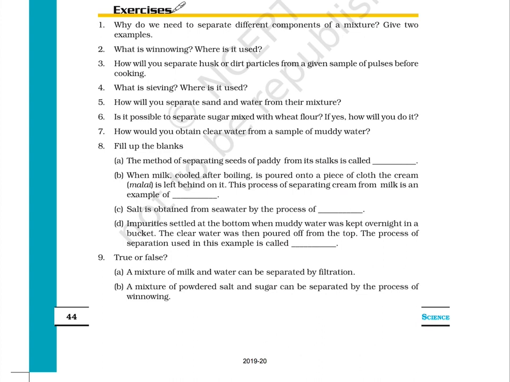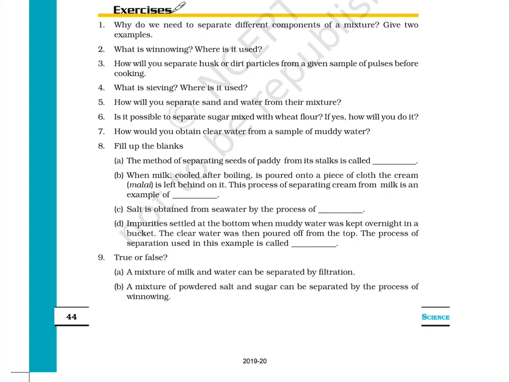C. Salt is obtained from seawater by the process of blank. D. Impurities settled at the bottom when muddy water was kept overnight in a bucket. The clear water was then poured off from the top. The process of separation used in this example is called blank.